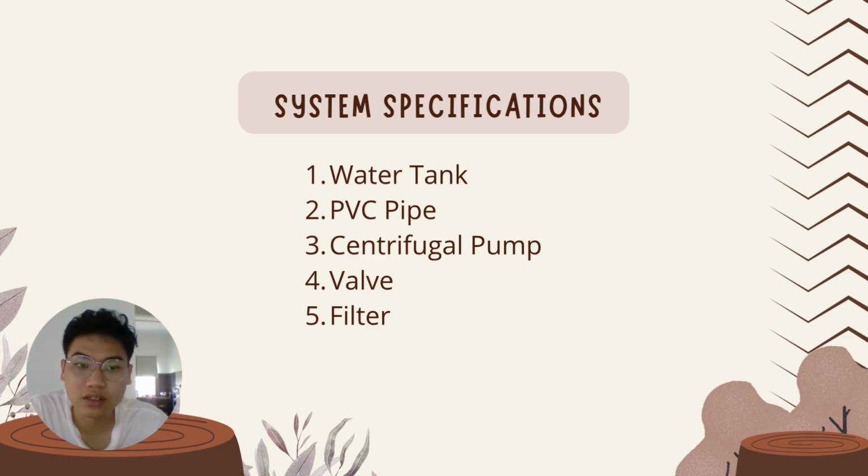The third one is the centrifugal pump. The centrifugal pump is the core component of the water pumping system. It is responsible for moving the water from Tasset G3 to the elevated storage tanks located 10 meters above ground level.